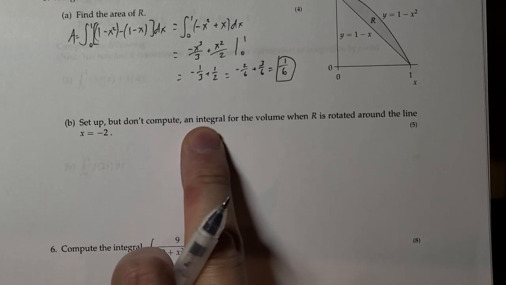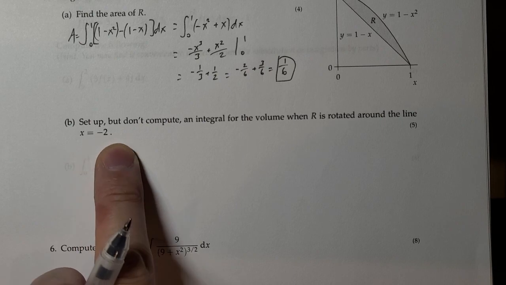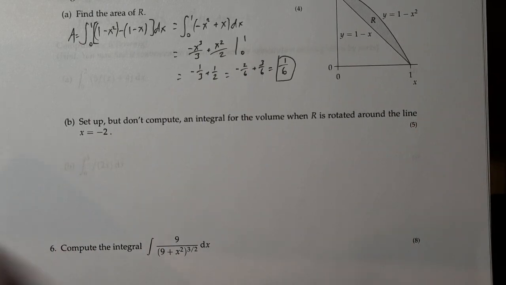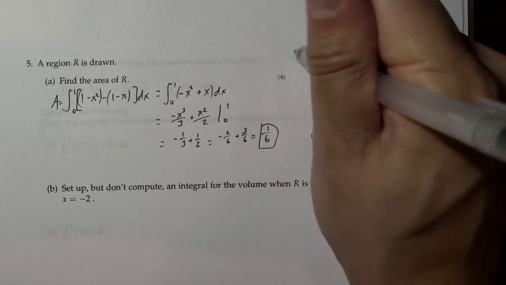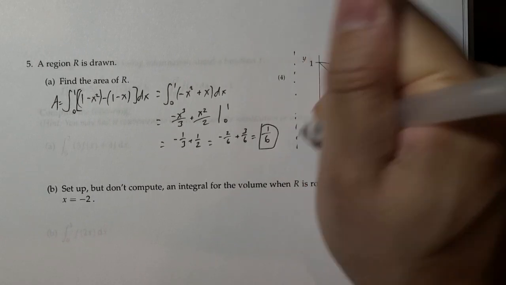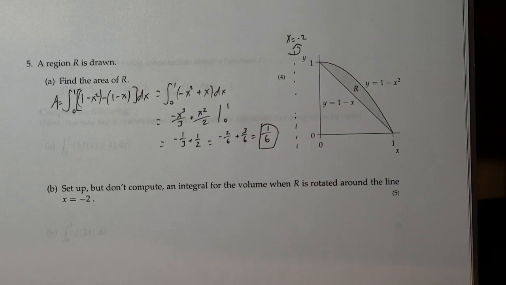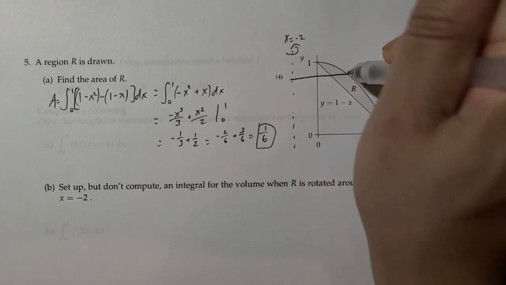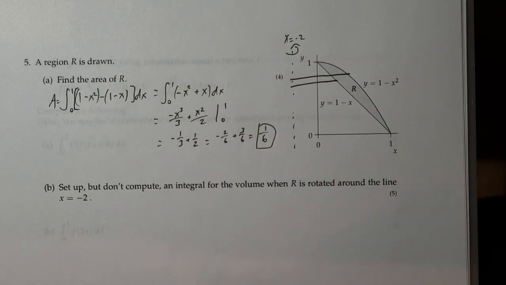Set up but do not compute an integral for the volume when R is rotated around the line x equals minus 2. Let's go back here. Our axis of rotation is over here, x is minus 2. We're rotating about this. So I draw my representative r out and r in.